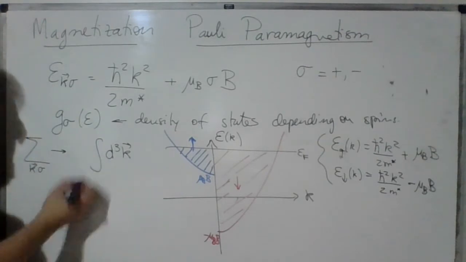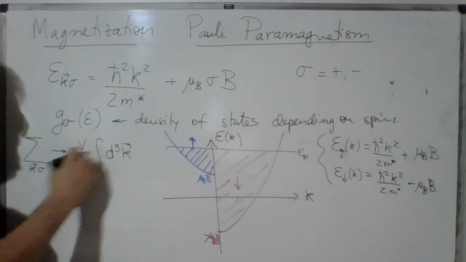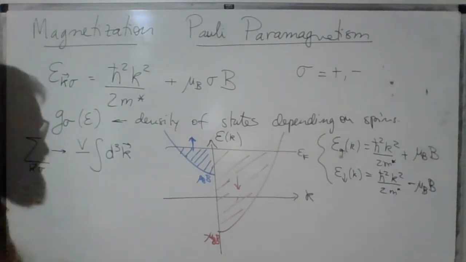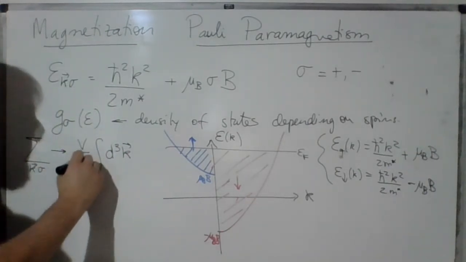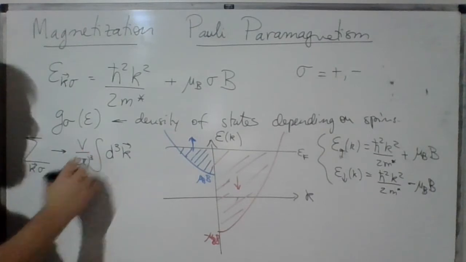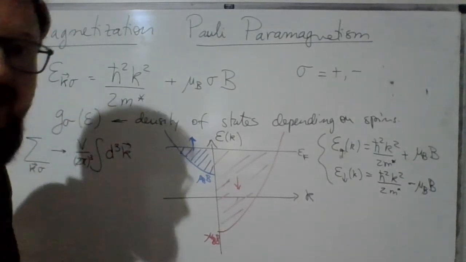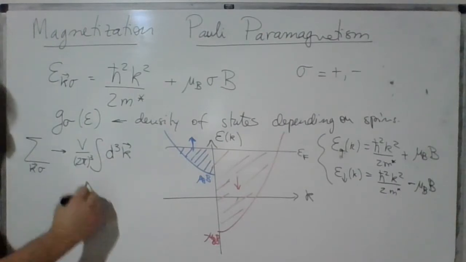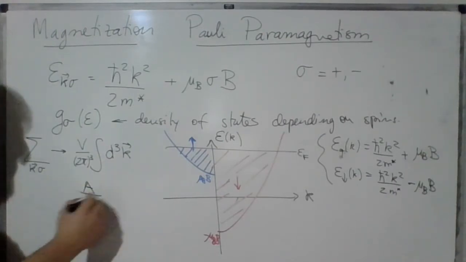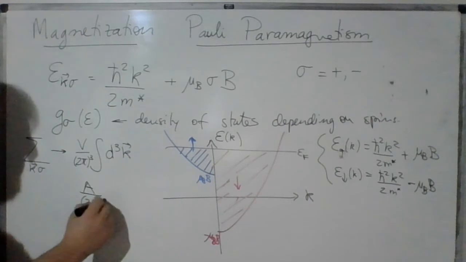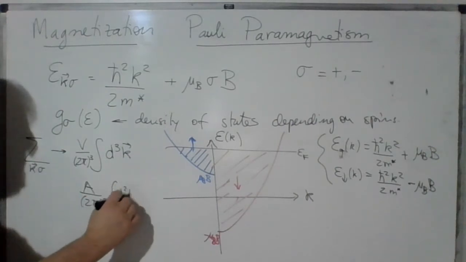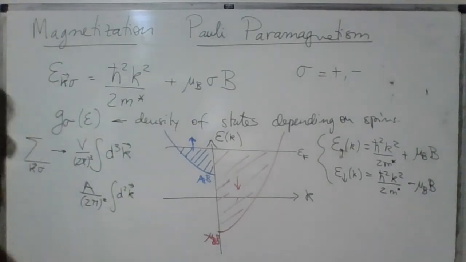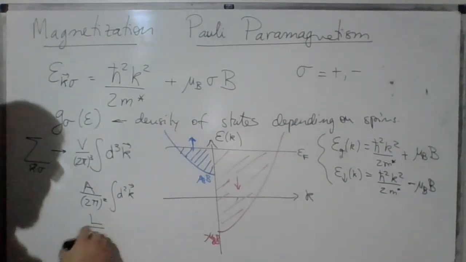And of course, you need to insert a normalization factor which corresponds to the volume of the sample divided by 2 pi cubed. In the case of a 3-dimensional system, it will be an area here. So for 2 dimensions it would be the area over 2 pi squared, integral over d2k, the area in the reciprocal space.